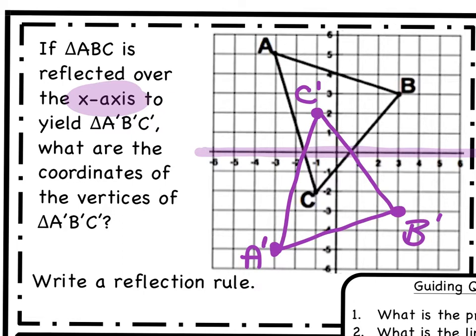Now what we want to do is write a reflection rule based on the relationship between the original coordinates and the new coordinates. So let's look at the coordinates of point A. The coordinates of the original point A, which is up at the top, are (-3, 5).